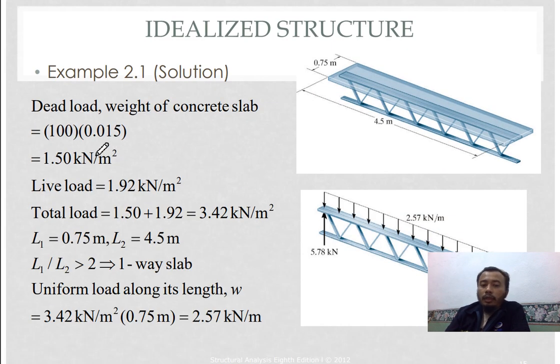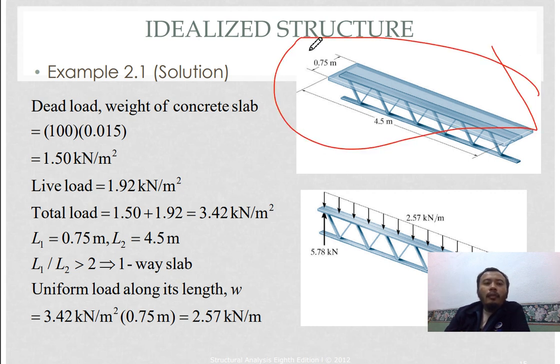So let's take a look at this example. This is the 3D model. So you have spacing between joists 0.75. So basically it's a one-way system as shown here. Each beam will take half and half, half on the right hand side and half on the left hand side. So total 0.75, which is the spacing center to center.